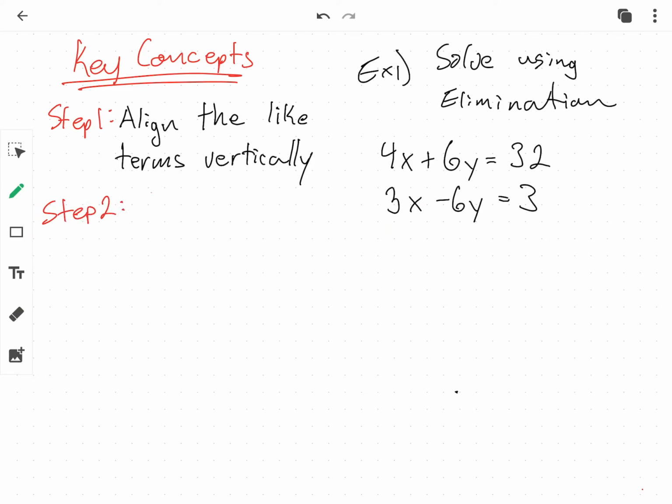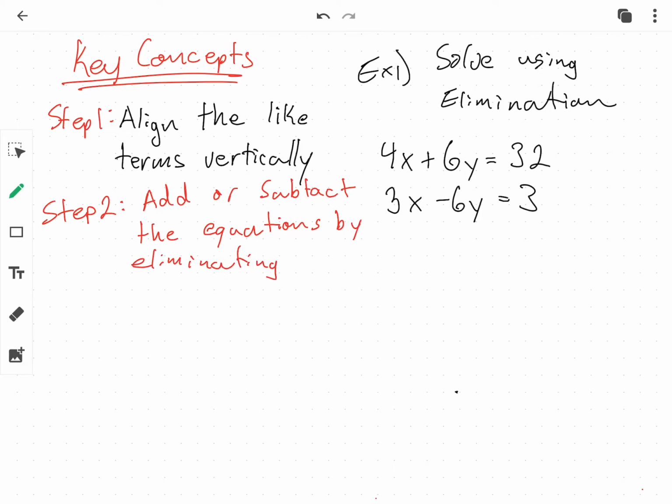So step 2, we want to either add or subtract the equations together by eliminating one variable.